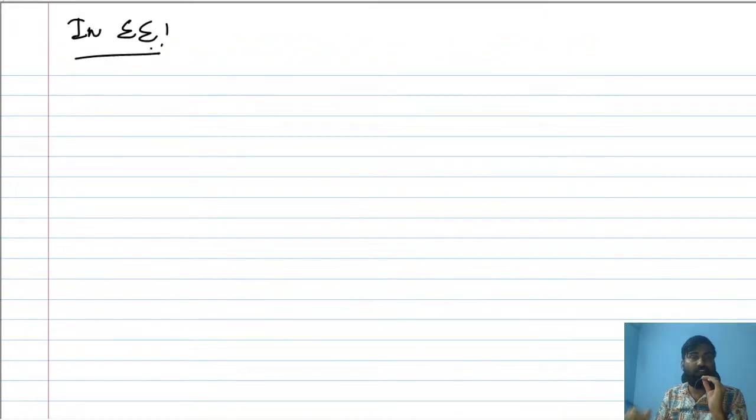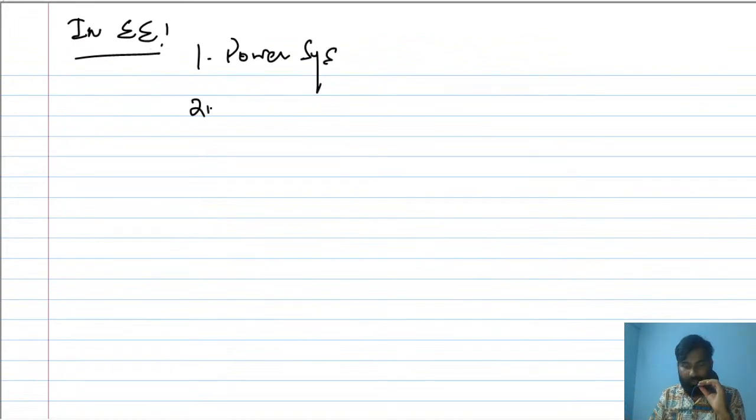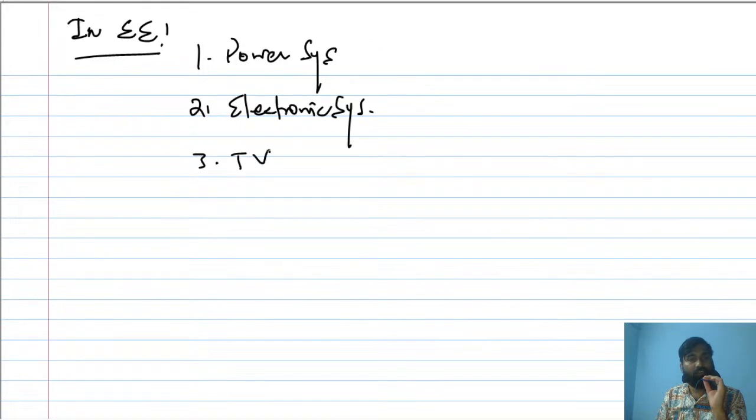There are various kinds of systems. There are various kinds of systems in electrical engineering. You can say we have electronic systems. In fact, at IISc Bangalore, one branch is also there, electronic systems engineering, right? So in electrical engineering, there are different kinds of systems. Power system is there. You can say electronic system. A TV is also a kind of system, right?